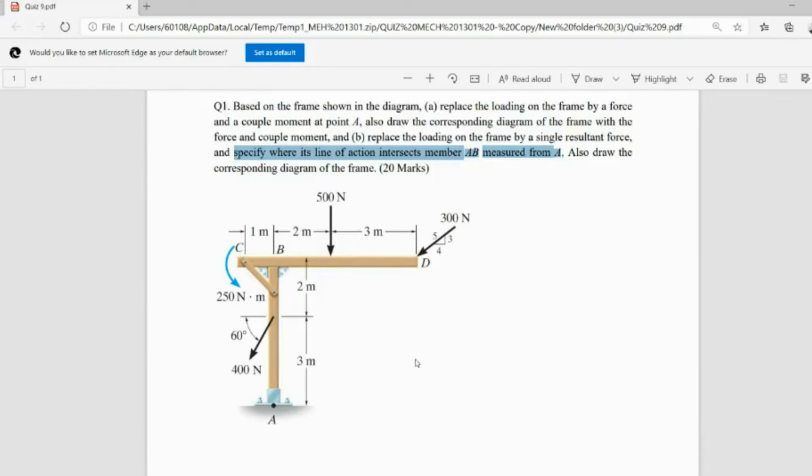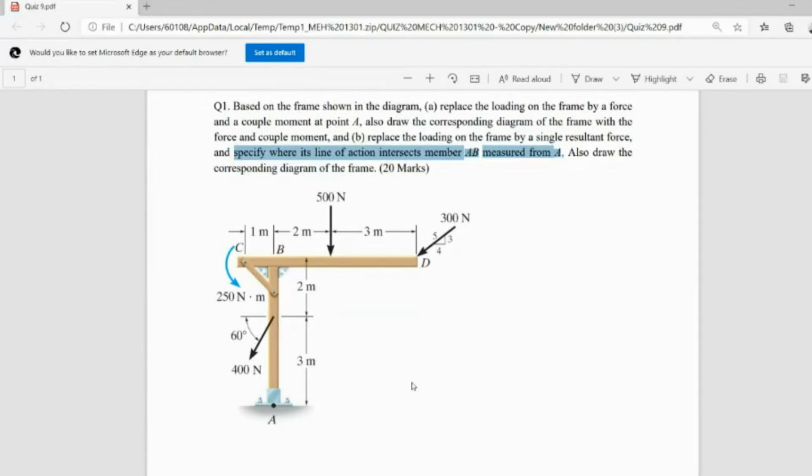Okay. So I must find the resultant moment first at point A. Yes, but you already calculated that in part A, right?